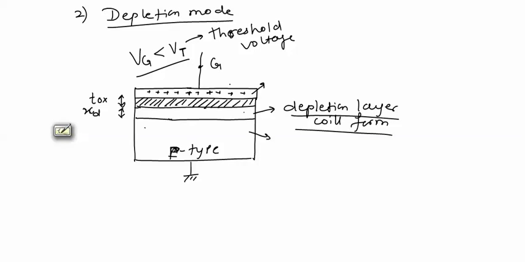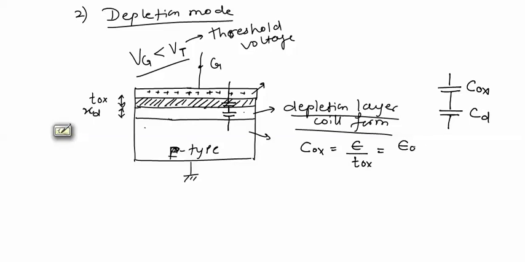So there will be two capacitances, one capacitance in oxide layer, other capacitance due to this depletion layer. There will be two capacitances in series. One capacitance will be oxide capacitance, other capacitance will be depletion capacitance, which will be called CD. The oxide capacitance we already have seen equal to epsilon upon T oxide, and it will be written as epsilon naught into epsilon R of SiO2 divided by T oxide farad per meter square.